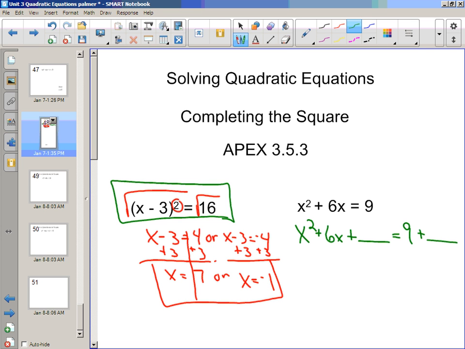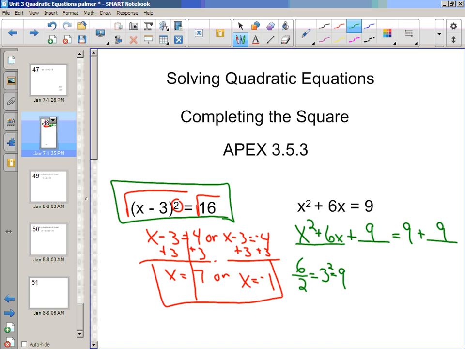And if you remember, the way to get this number that you add to both sides is to take half the middle term. So if I take half of 6, which is 3, and I square that, that value, 9, is the value that if I add it to this quadratic equation right here, I've got a perfect square.